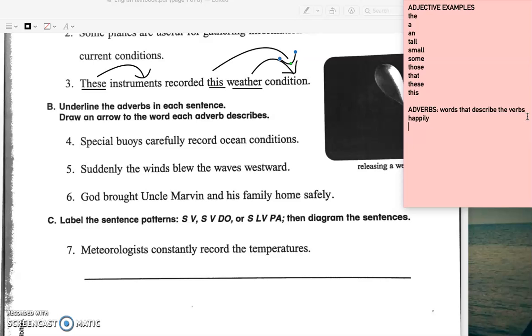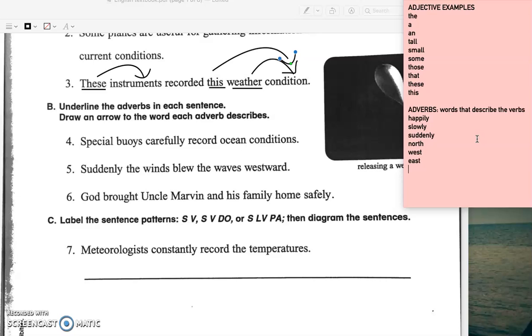Miss Oak ate her dinner slowly, etc. As a reminder, we have some special adverbs, like suddenly, that's also an adverb, and directions, like going north, west, east, all of those could also be adverbs if you're moving in that direction.